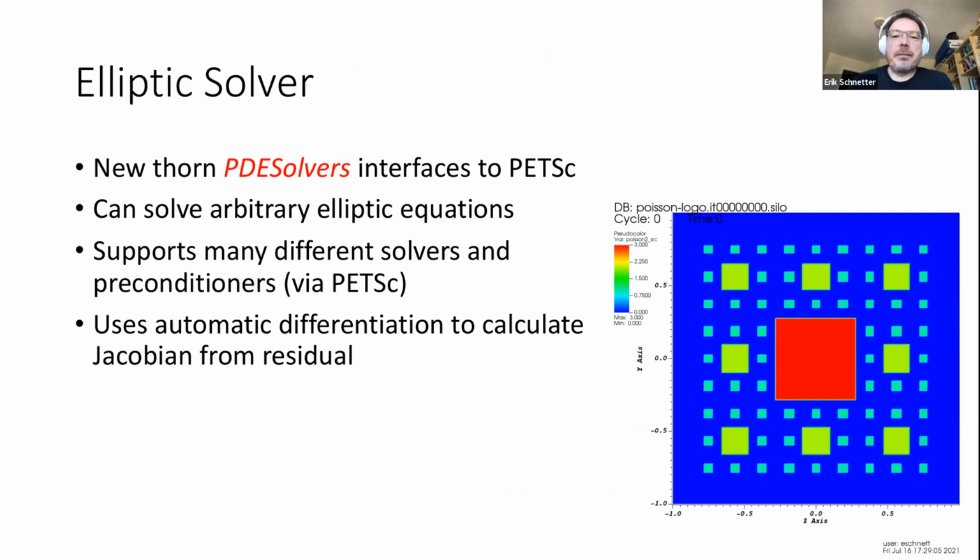Okay, Steve. I forgot to actually prepare one slide, because one of the major features of CarpetX is a feature on which Steve worked a lot, and he has been pushing that for years. That is to make the simulations much safer. All the scheduled functions now declare which grid functions they read and which they write and which are synchronized and so on. And if there's an inconsistency, the driver checks that and flags it.